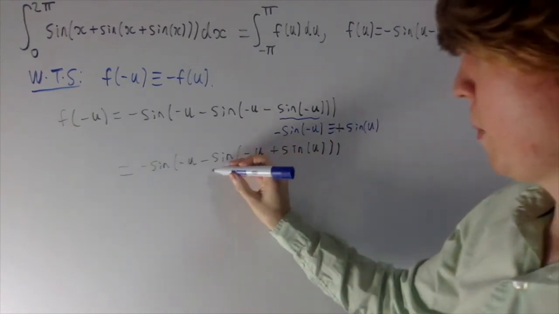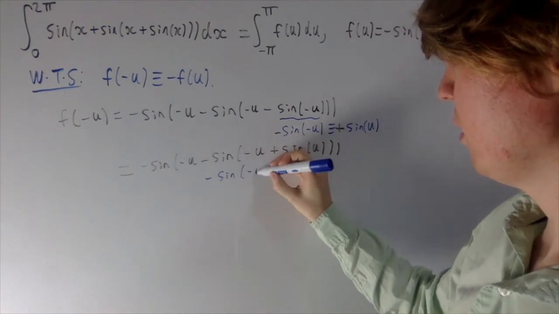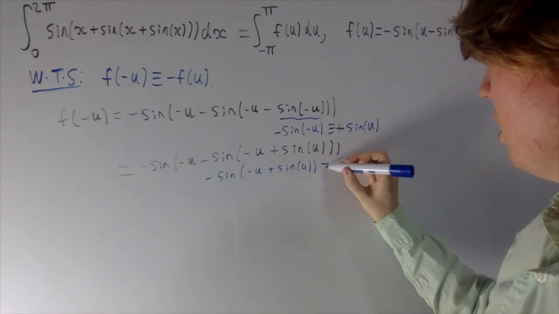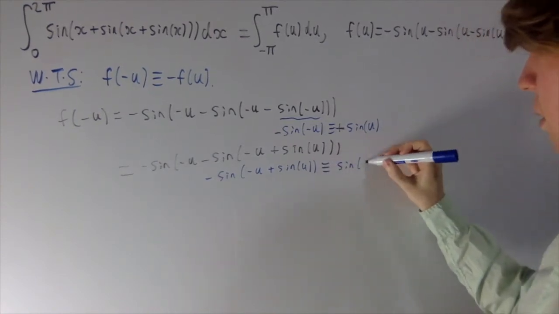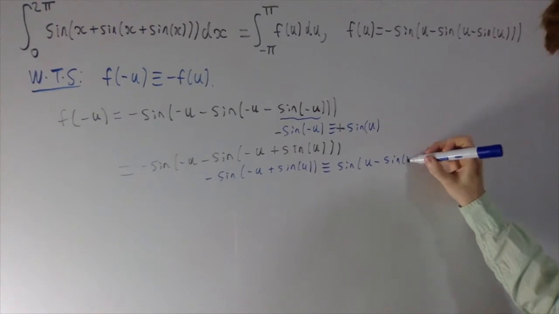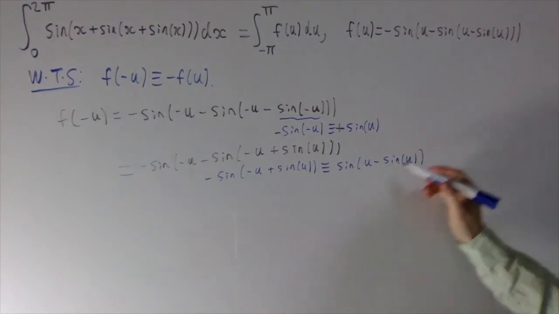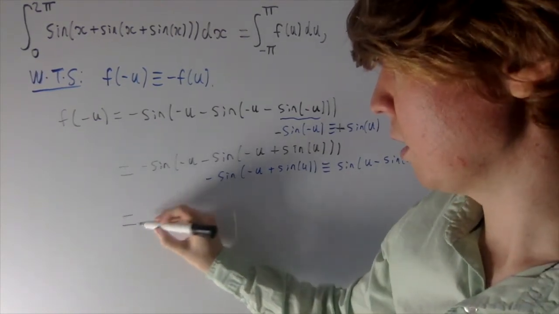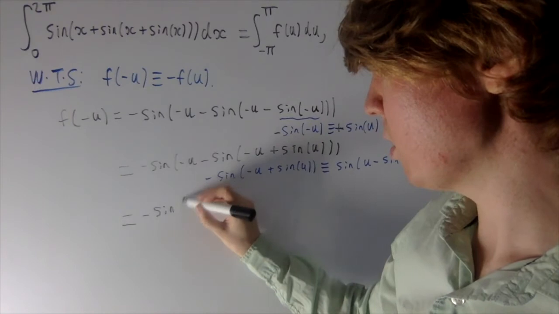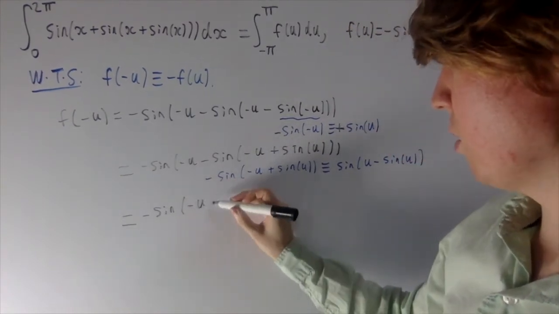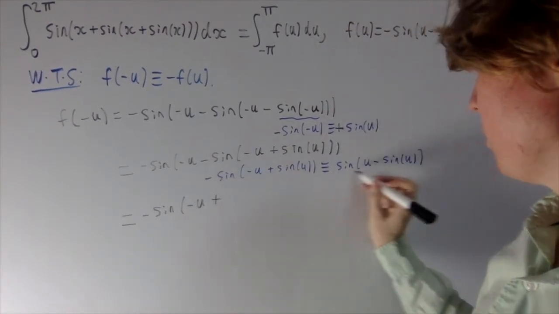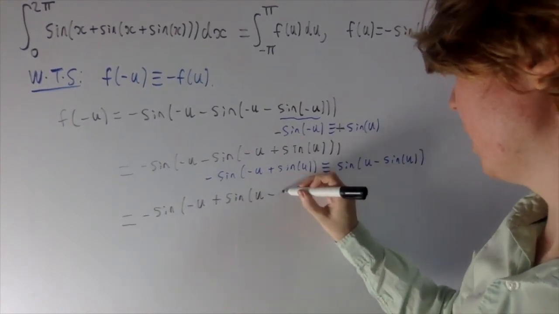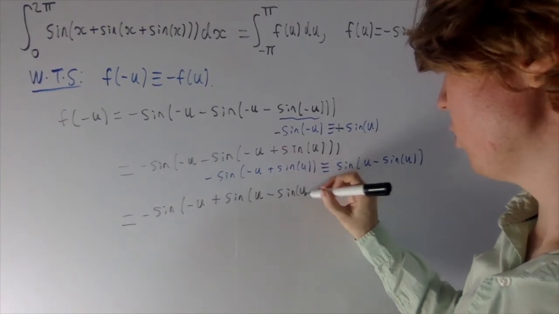So minus sine minus u plus sine of u is equivalent to sine of u minus sine of u. And then we can replace this part. So that gives us now, leaving the outermost sine alone, minus sine minus u, and now this is positive here, so plus sine of u minus sine of u.